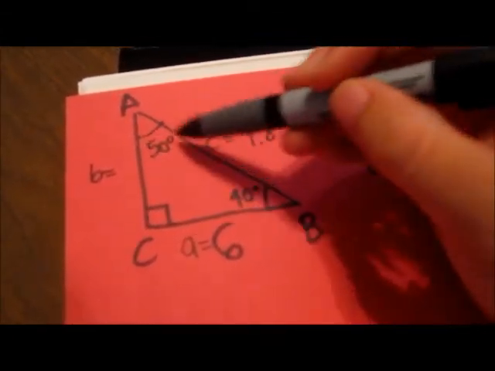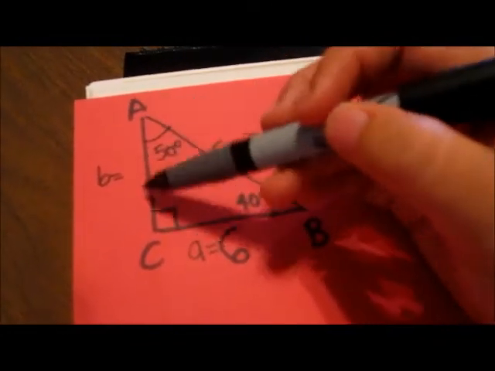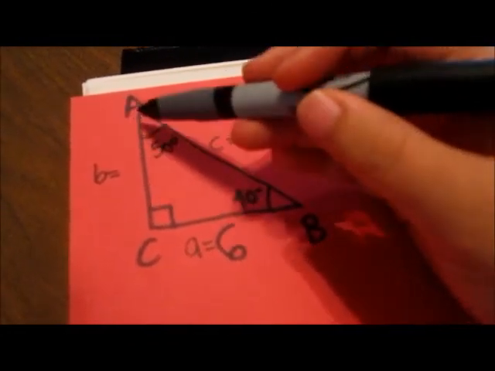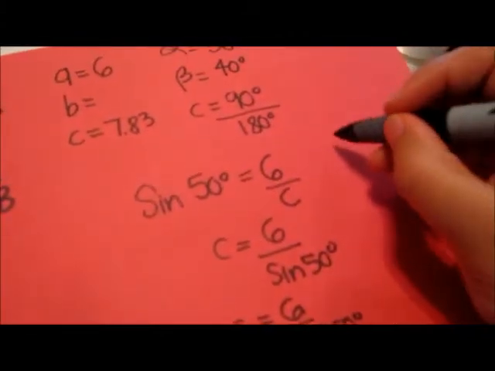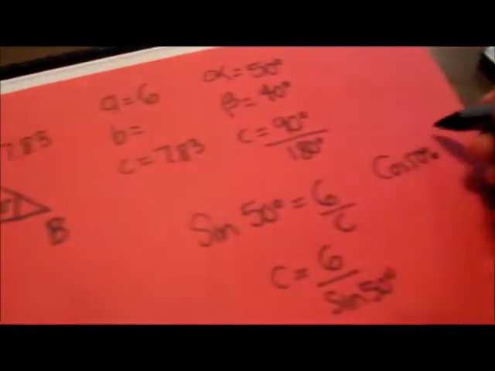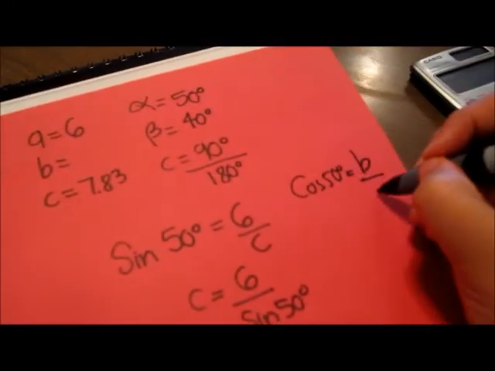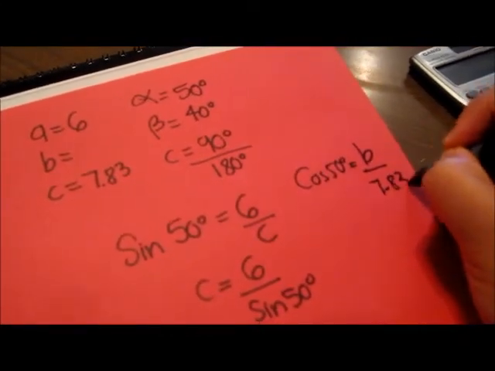If we choose the 50, now we represent the adjacent. So instead of sine, we have to use now cosine. Cosine of 50 equals the adjacent, that equals B, over hypotenuse, that equals 7.83.